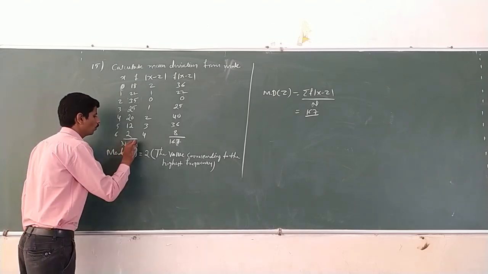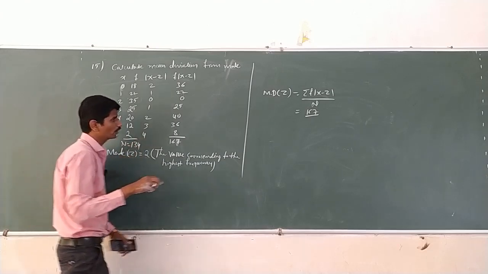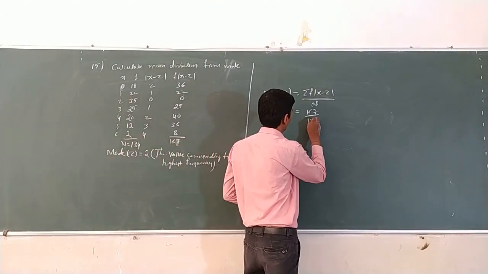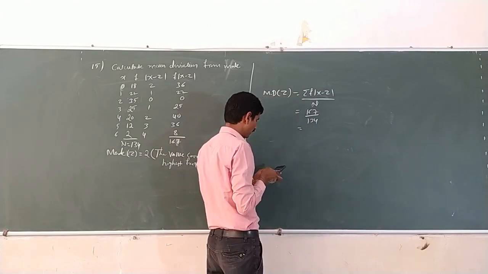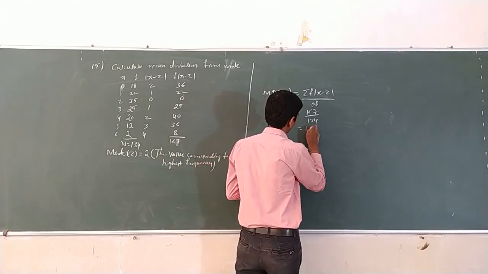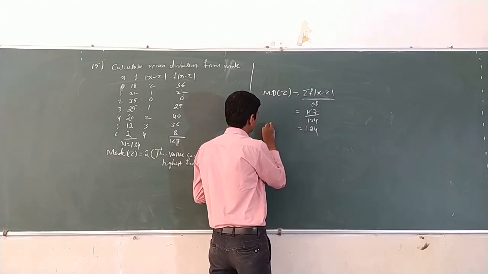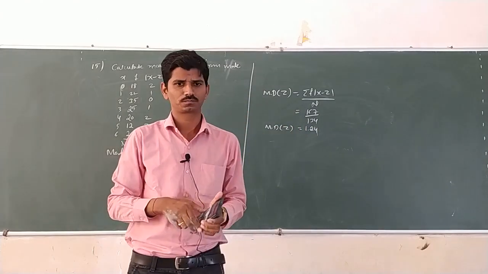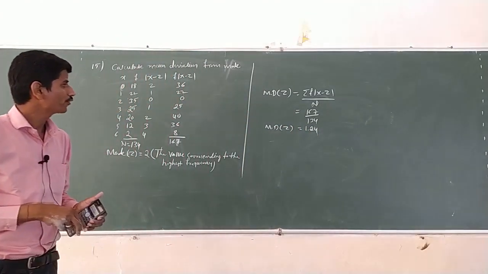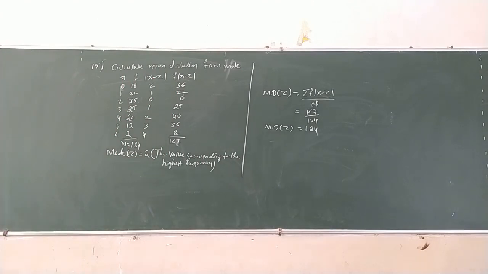Capital N is 134. Then substitute: 167 divided by 134. Then you will get 1.24 as the answer. That is, the mean deviation from mode is 1.24.